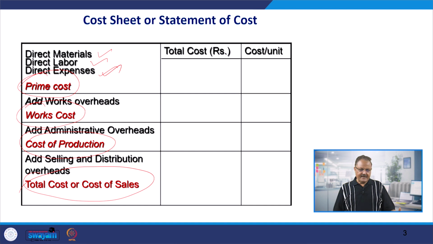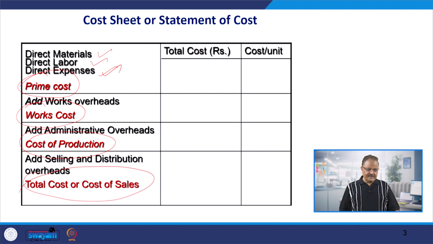And then finally, to take the product from the factory to the market, you have to perform some activities which are called commerce activities, which are performed to take the product or service from the place of production to the place of consumption. These are called commerce related activities. Administrative overheads are also part of that kind of expense after manufacturing the product, when it goes to the market. So you have to incur the administrative overheads, which are again partly fixed and partly variable.